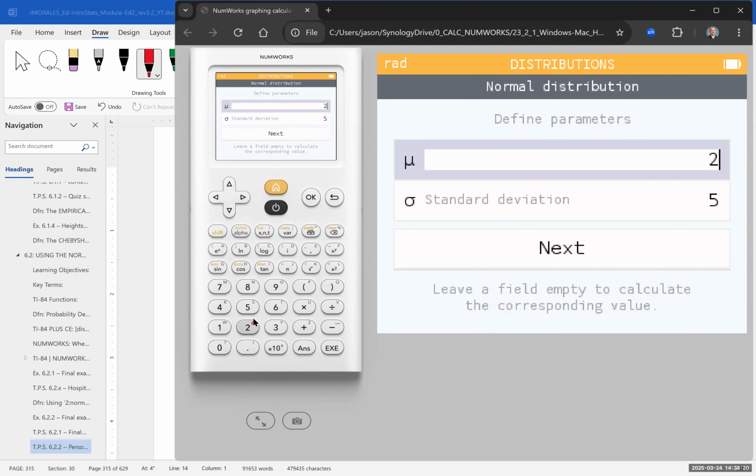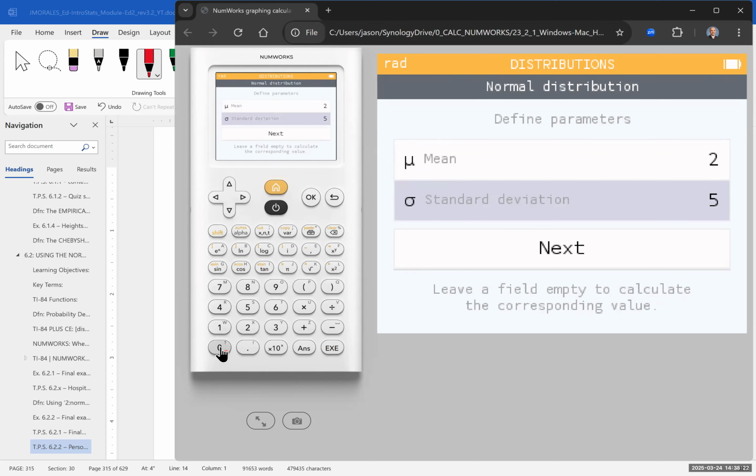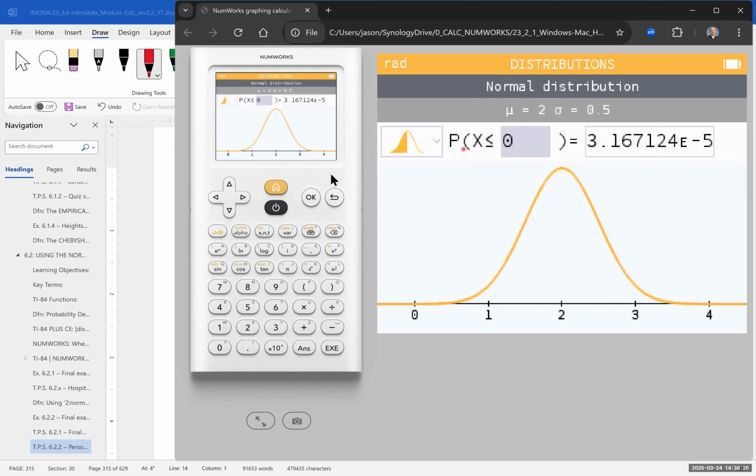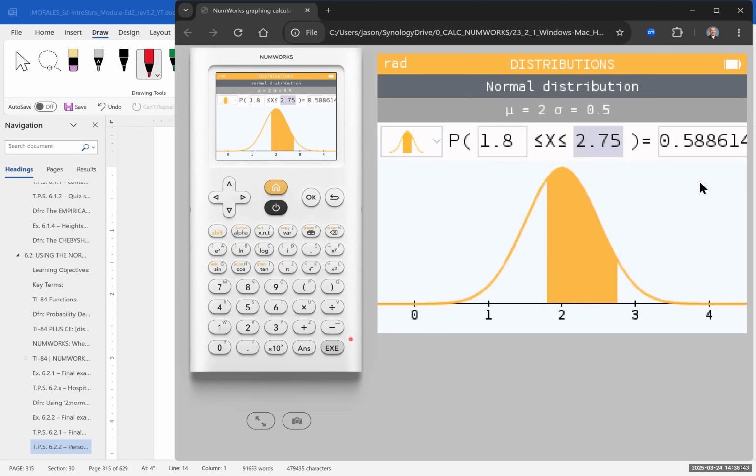We have a mean of 2, standard deviation of 0.5, and we want the area between two values, and those values are 1.8 and 2.75, and give us the area. Yeah, 0.5886. All right, that looks good.